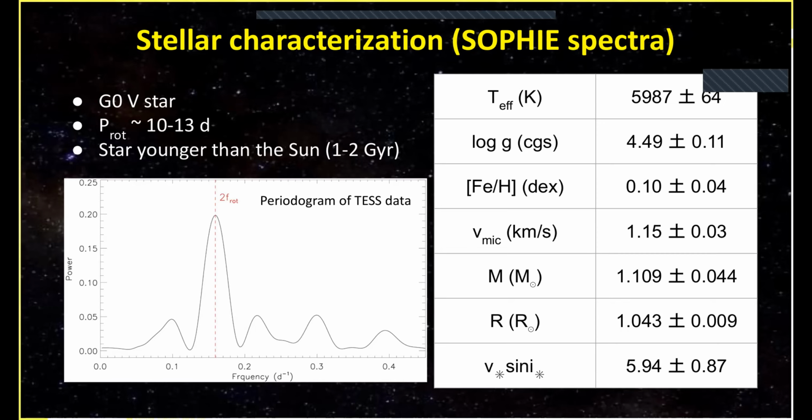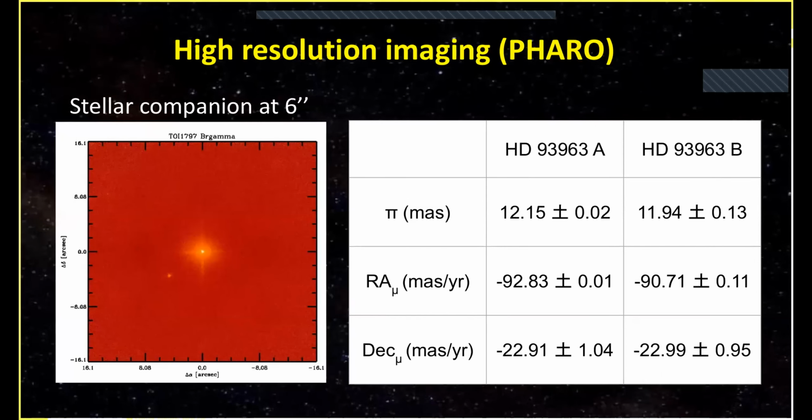We also got observations from FARO, which confirmed the presence of a stellar companion at 6 arcseconds, but our validation process allowed us to exclude that the 2 transiting candidates were around anything but the primary star, TOI 1797A. And that's it.